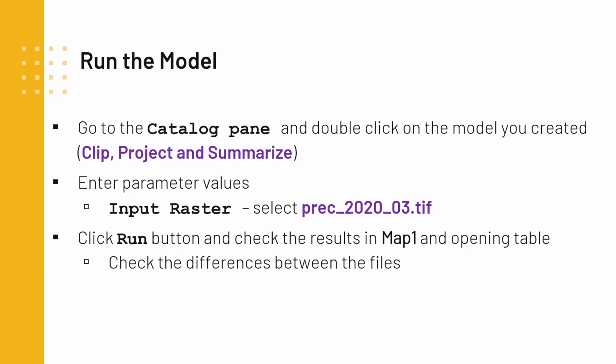So we want the March data. We're going to leave the default values for the two output files. Then I'd like you to click the Run button and check the results on map 1. Then verify the differences between the original two files that we ran for January and February, and see how it compares to this March data.